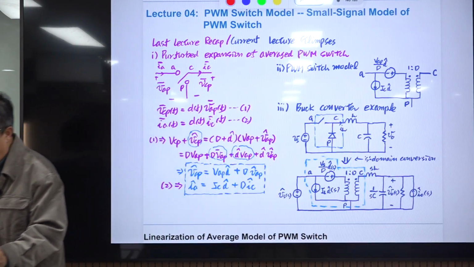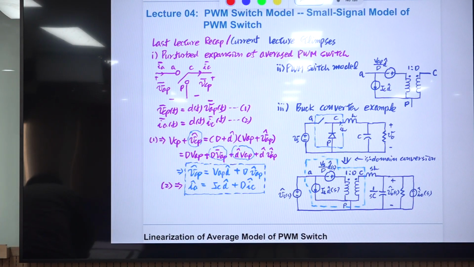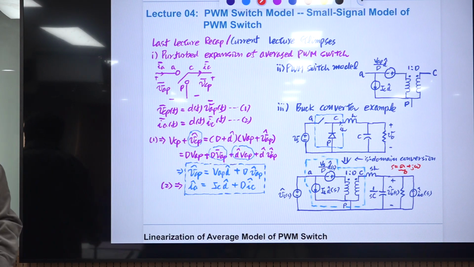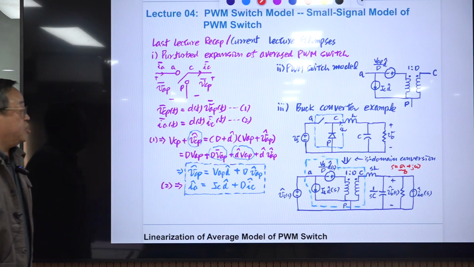s is the complex frequency, and in particular s is sigma plus j omega. For sinusoidal analysis, sigma is 0, so now s is simply j omega.